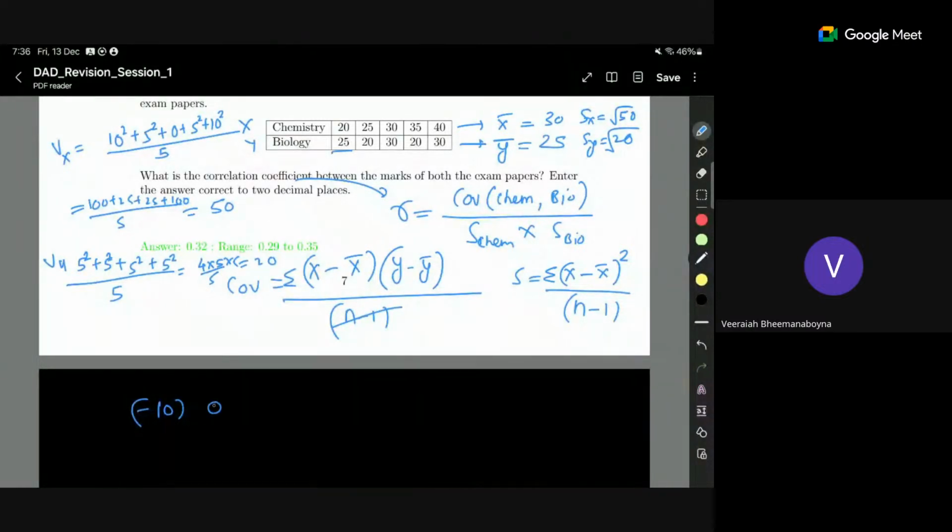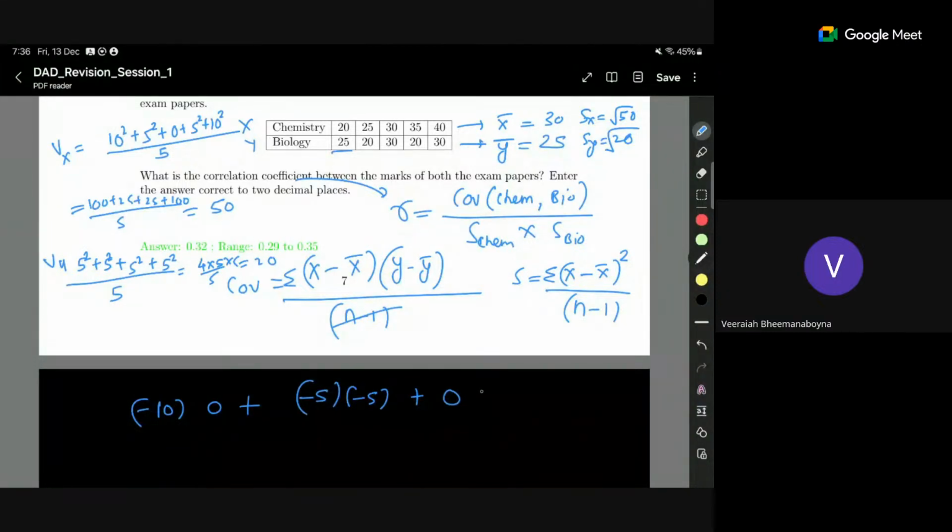Then 0, plus this is minus 5, 20 minus 5, 25 minus 5, plus 30 minus 30 is 0.